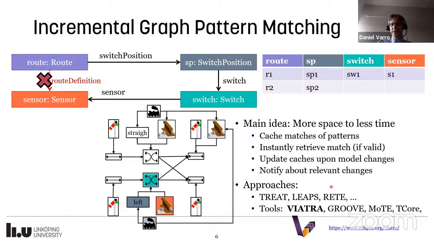We have based our approach on the GReTA based techniques, which date back, I think, to the 1980s, with some modifications, and that constitutes the core of the Viatra framework. The Viatra framework is still there.